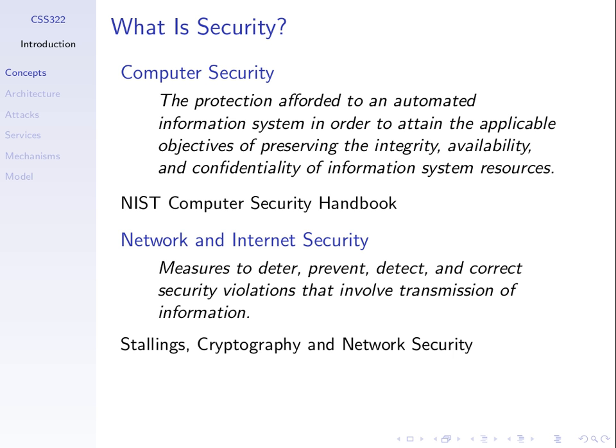If there are violations of the security of that transmission, we want to be able to deter people from violating our security mechanisms, prevent them, stop them from doing it. If they do it, detect that they're doing it, and fix the problem if they perform some attack or violate the security of our system. We're going to look at the ways that we can prevent and detect security violations and the different types of security violations and classify them.